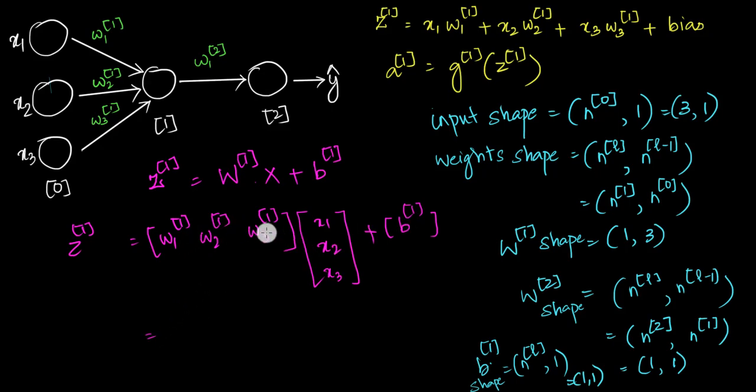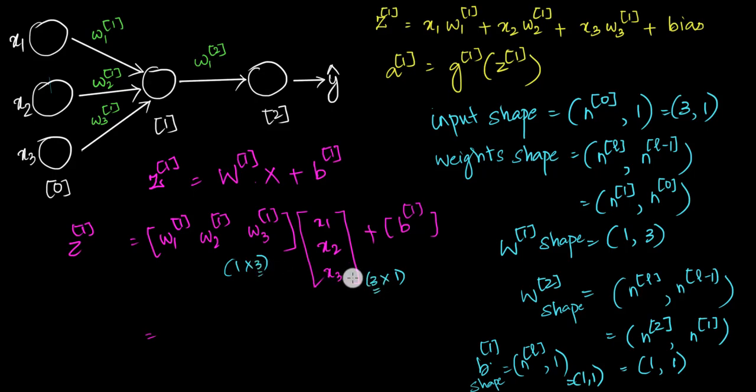Now we need to multiply these matrices. We are following this specific shape because we are going to multiply these two matrices, and matrices have a rule. This matrix is of the shape 1 by 3, and this matrix is of the shape 3 by 1. Multiplication in matrices is only possible when the number of columns of the first matrix is equal to the number of rows of the second matrix.